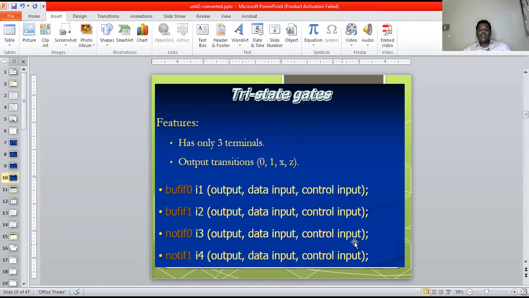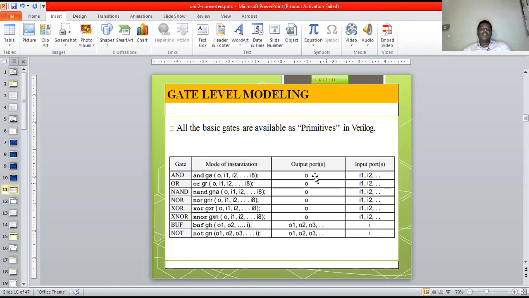So it has control signals as well as the outputs of the tri-state gates here. Now, in brief, whatever gates we have discussed, we can brief those primitive gates in our Verilog modeling here.